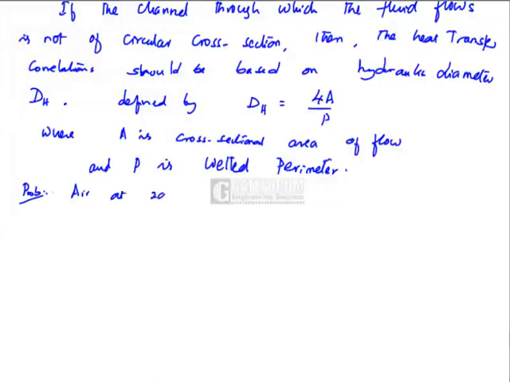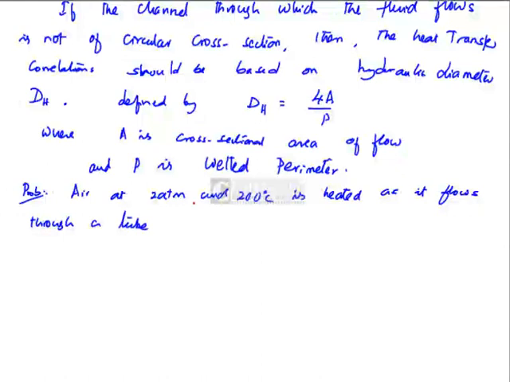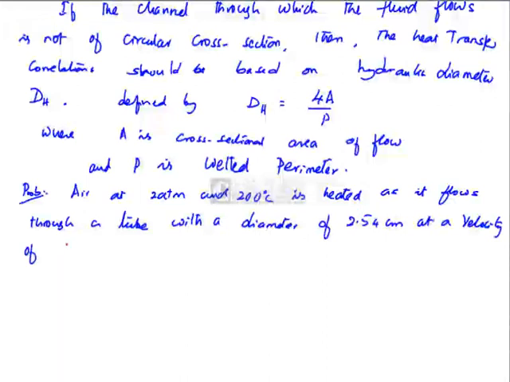Air at 2 atmospheres and 200 degrees centigrade is heated as it flows through a tube with a diameter of 2.54 centimeters at a velocity of 10 meters per second.